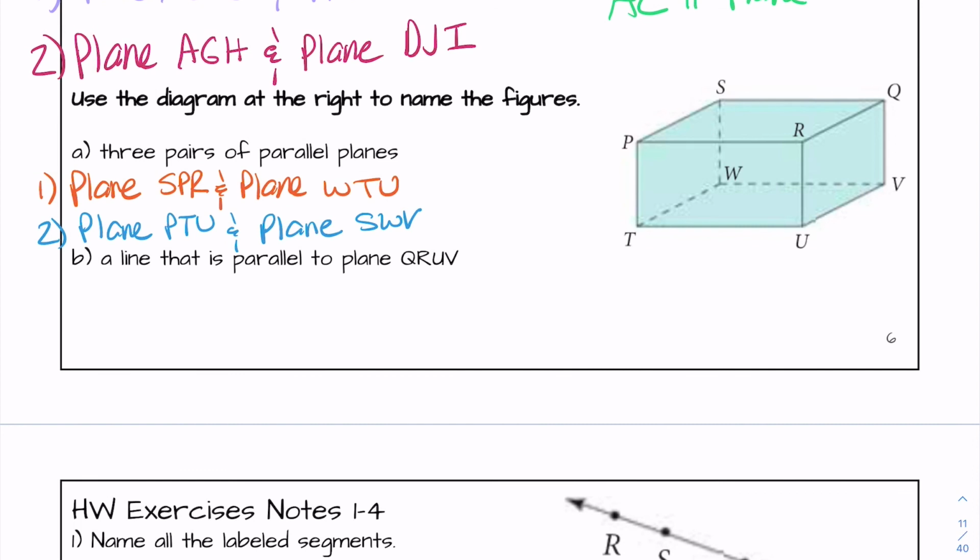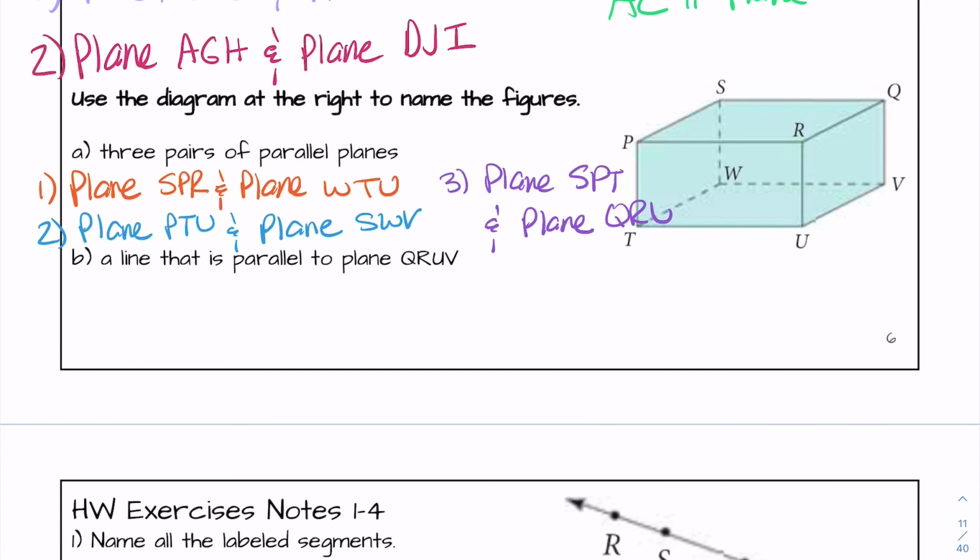So that was the front and back. The first one was the top and bottom, and now I need the left and right. So SPT and plane QRU.